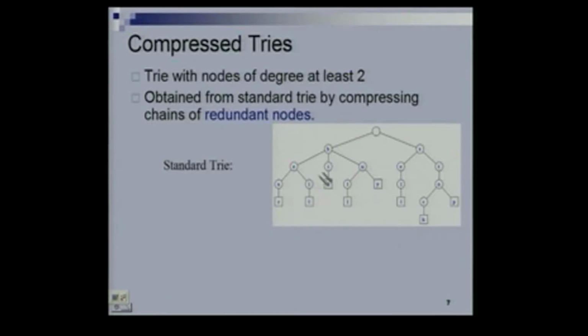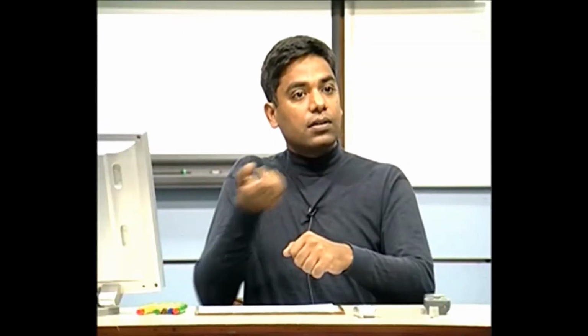This node, for instance, this node, this node, this node, in fact this node as well as this node. So I am going to compress them. By compress I mean I am going to take the child and collapse it into the parent, and if the resulting node also has one child, I am again going to take the child and collapse it into the parent, and keep doing this.